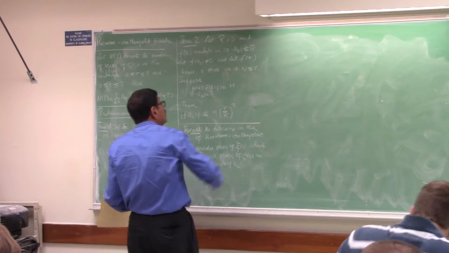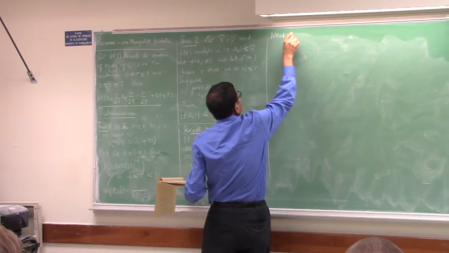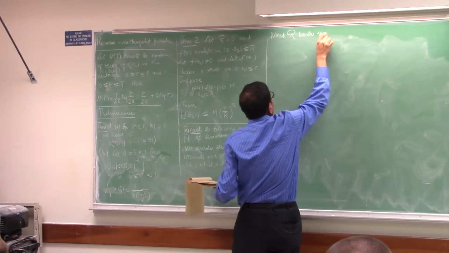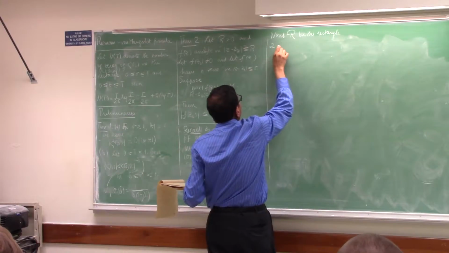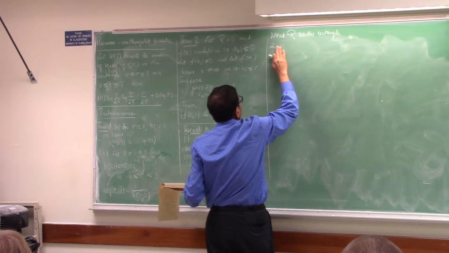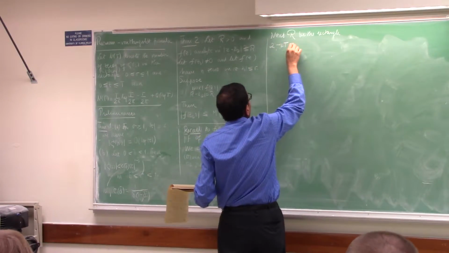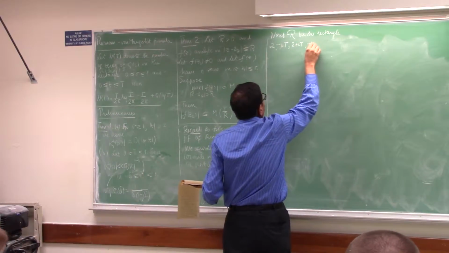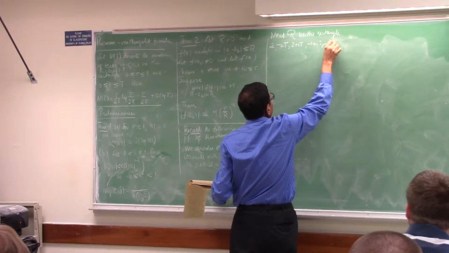The next thing we do is let script R be the rectangle 2 minus iT, 2 plus iT, to −1 plus iT, to −1 minus iT.